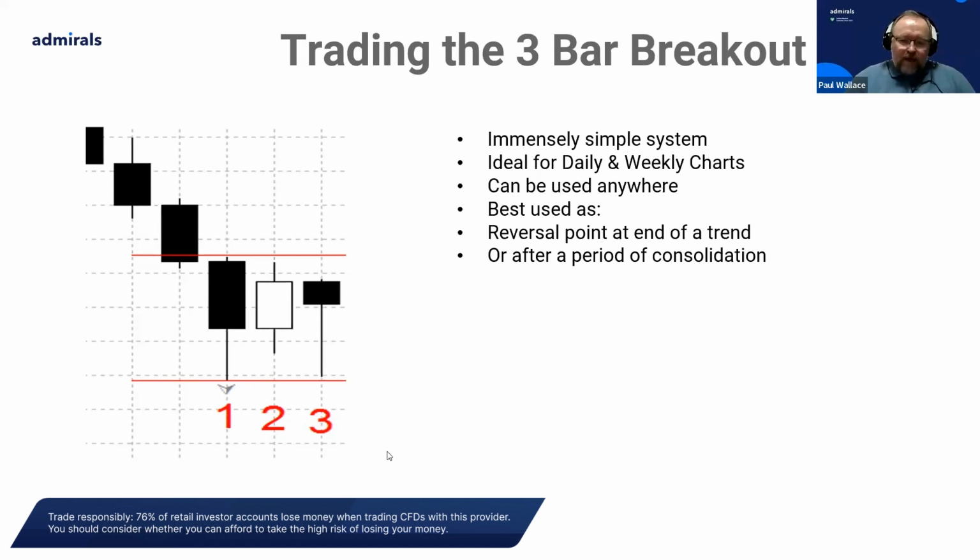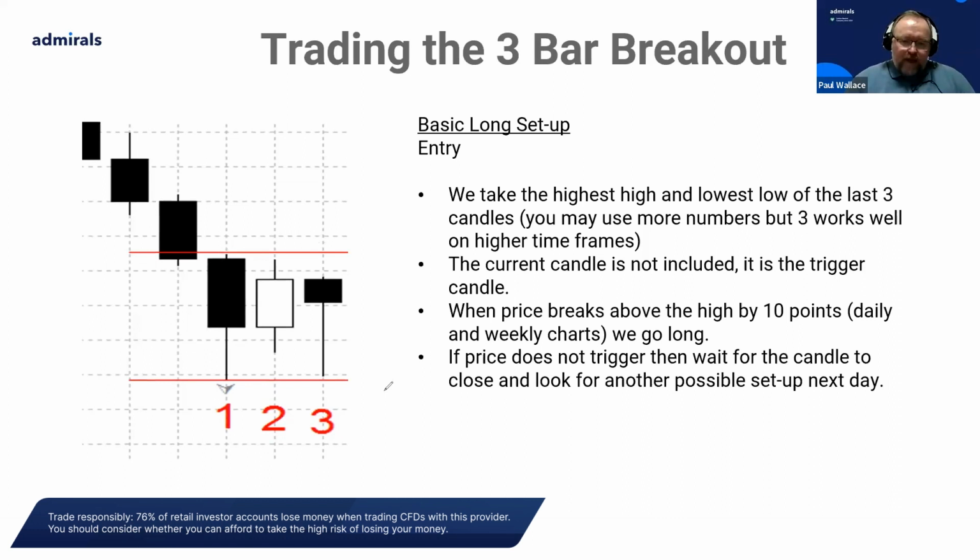So what is the basic setup that we're looking for in markets? Here we go. Let me just get up the old drawing tool. So a basic long setup, a basic bullish setup. Our entry is very simple. We look to take the highest high and lowest low of the last 3 candles that have completed.